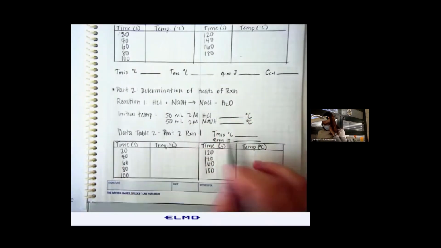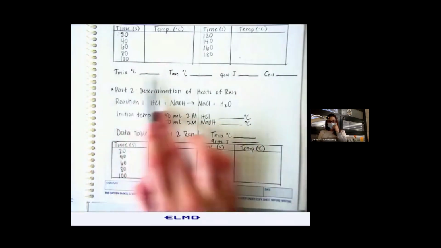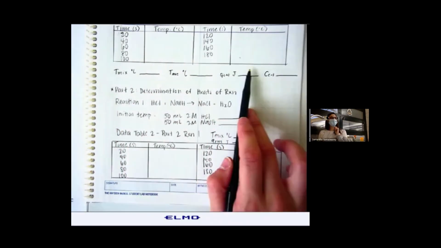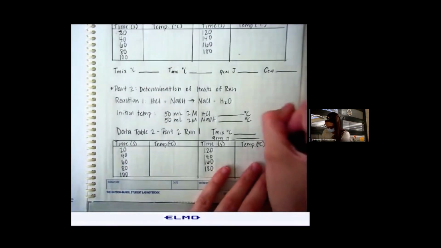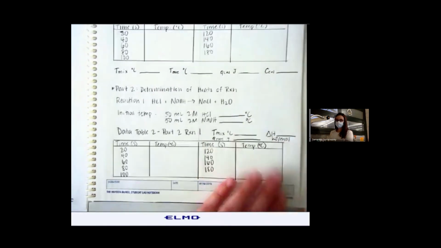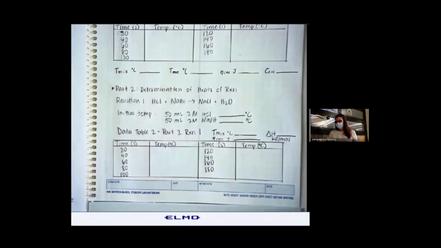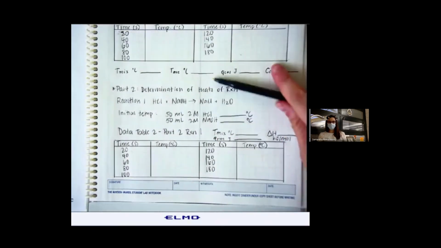So like these numbers, I would put underneath the data table like I did these up here. I just ran out of space. And then we'll have delta H in kilojoules per mole. So again, these three numbers would go underneath my data table. If I would have moved this up one, I would have had space.